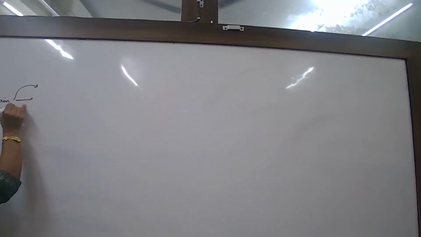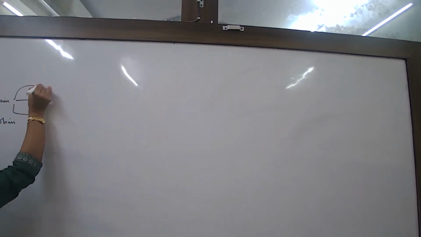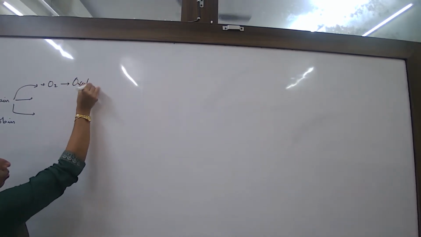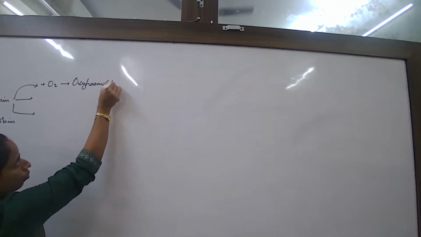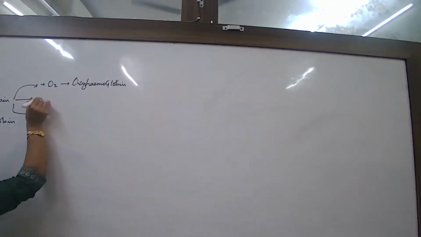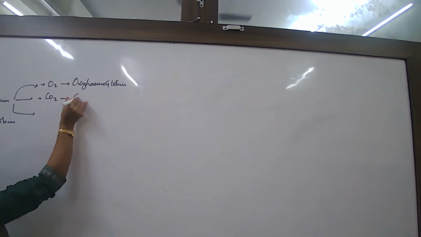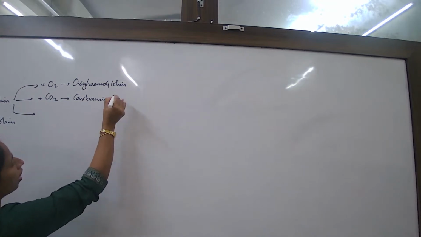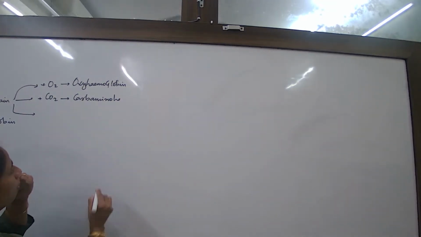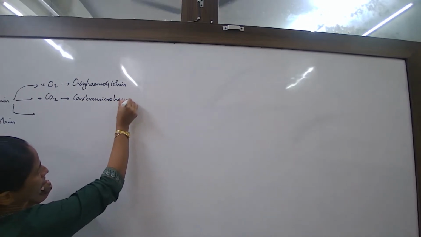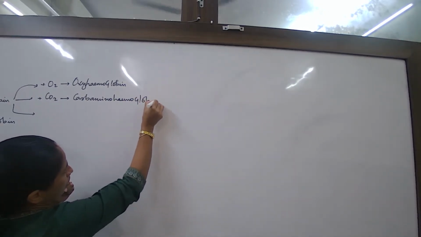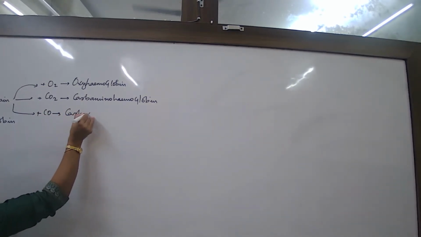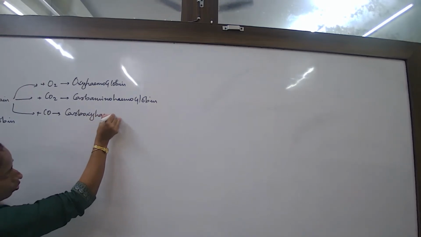Let us start discussing it this way. If I talk about hemoglobin and oxygen, what is the compound formed? Oxyhemoglobin. What about hemoglobin and carbon dioxide? Carbaminohemoglobin. And carbon monoxide, carboxyhemoglobin.